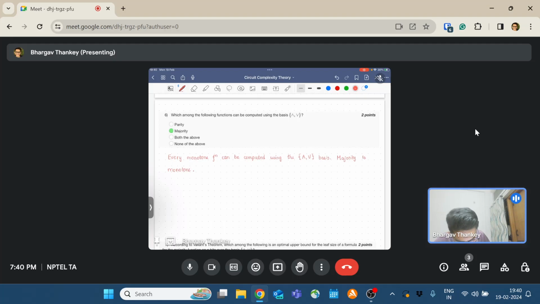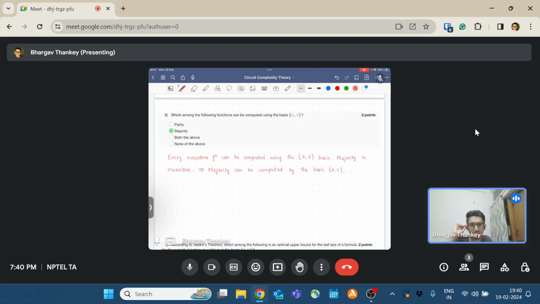Together these two imply that majority can be computed. Okay, so this tells us that majority can be computed.